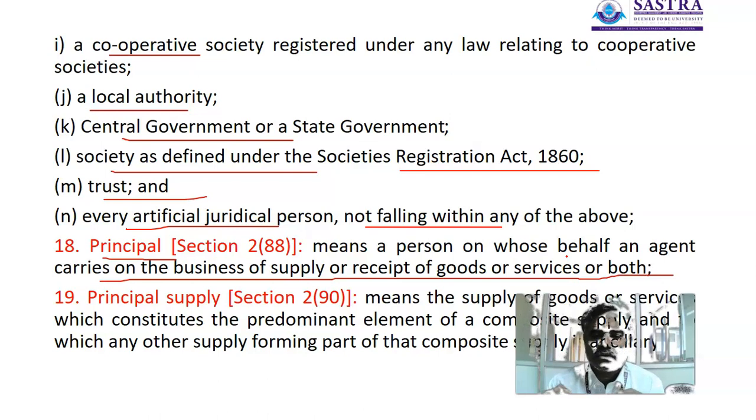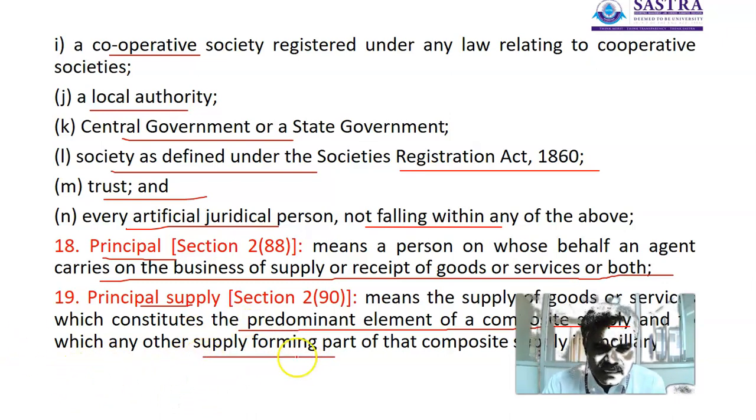Here you have to know the difference. Principal supply: the main supply of goods or services which constitutes the predominant element of a composite supply, and to which any other supply forming part of the composite supply is ancillary.